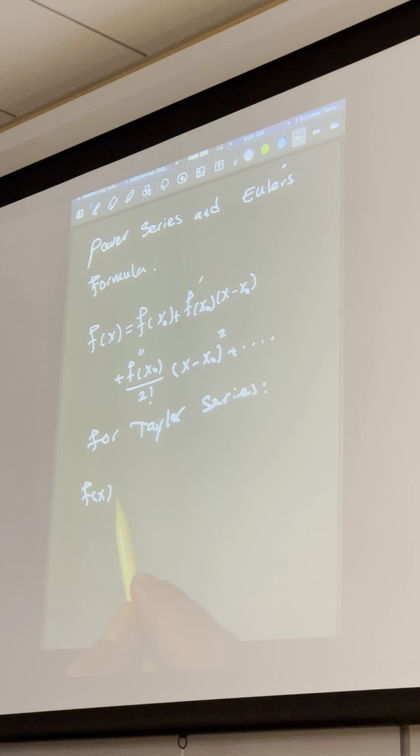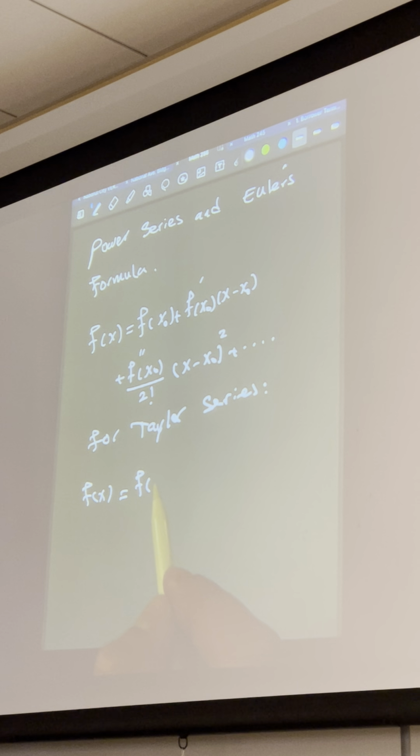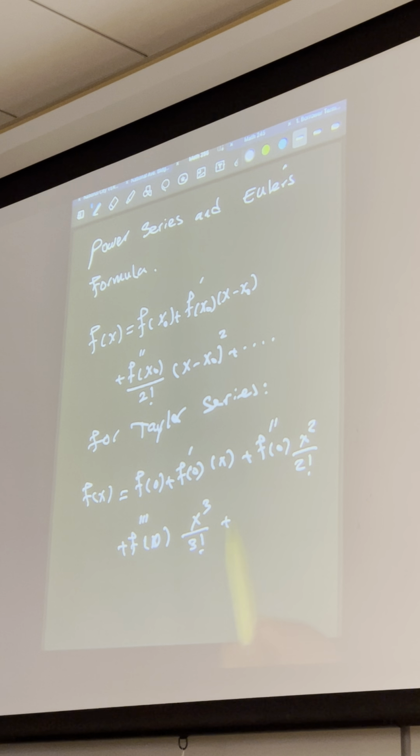But then for the series at 0, you could just say f of x is equal to f at 0 plus f prime at 0 times x plus f double prime at 0 times x squared over 2 factorial plus f triple prime at 0 times x cubed over 3 factorial and so forth.